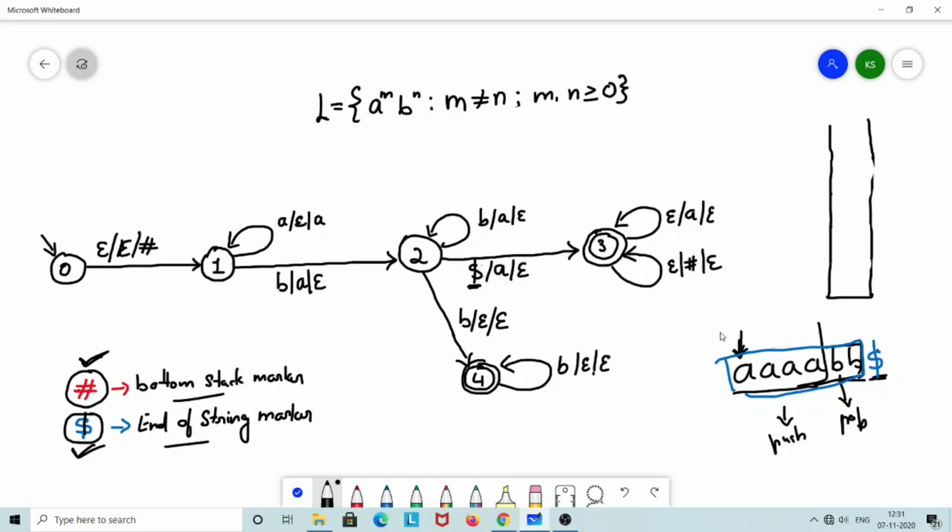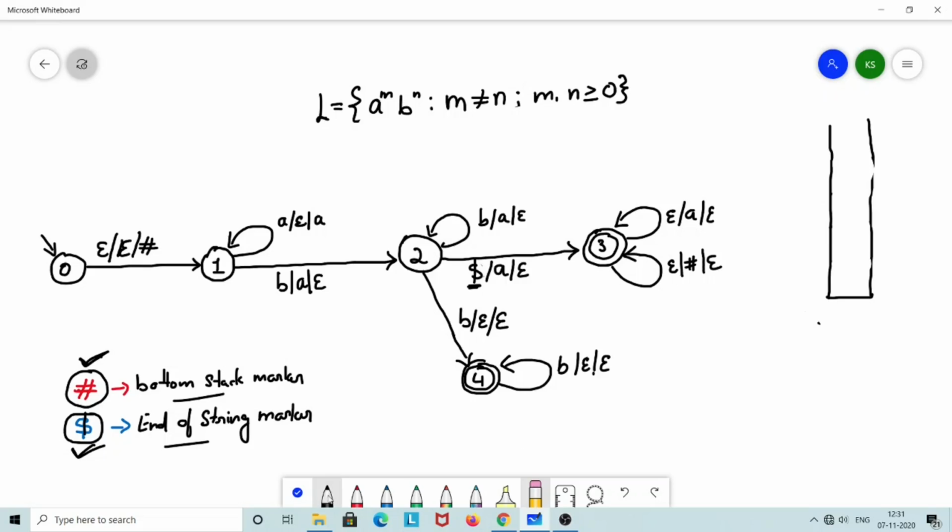Now we'll consider one more scenario. In this scenario, I have fewer A's and more B's, so obviously we have to append dollar at the end. What will happen? We'll start with the starting state, which is 0.